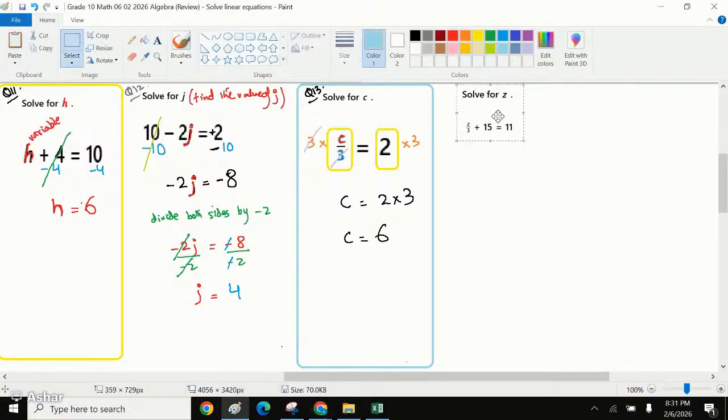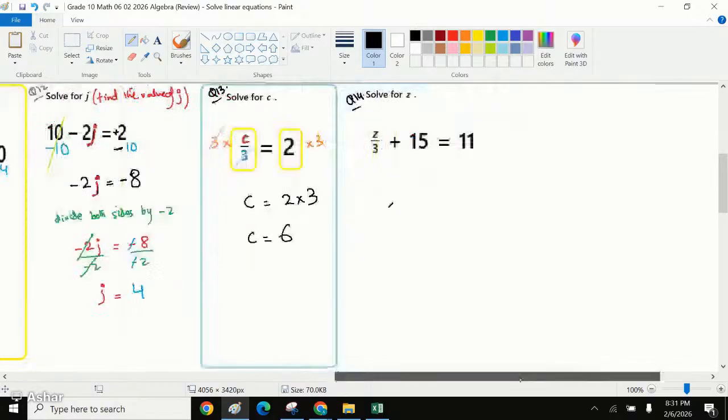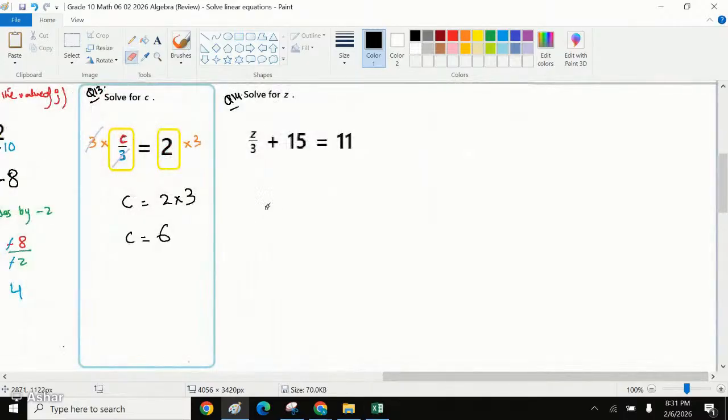Okay, let's try question number 14. Question number 14 says z upon 3 plus 15 is equal to 11. Okay, let's see how it's done. What we can do here is, can we take 15 to the other side? Because 15 is not part of the fraction.